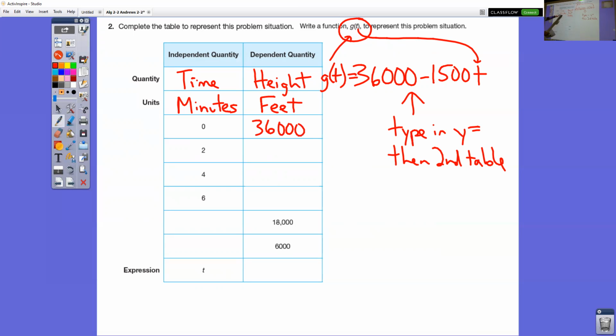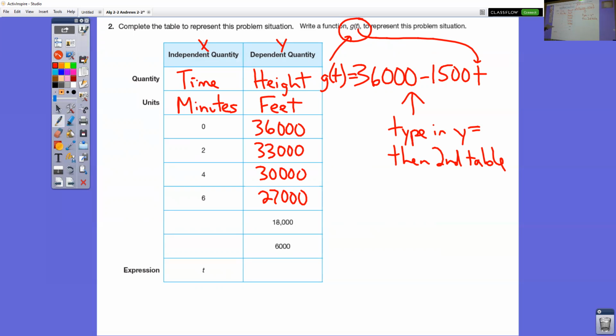And again, remember, these are your x values. These are your y values. So you could type these in and sub them into the t for 1,500. This next one is 33,000. Then we have 30,000, 27,000.